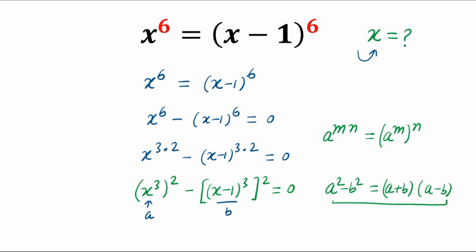According to this identity, we can write this expression as (x cube plus (x minus 1) whole cube) multiplied by (x cube minus (x minus 1) whole cube) is equal to 0.